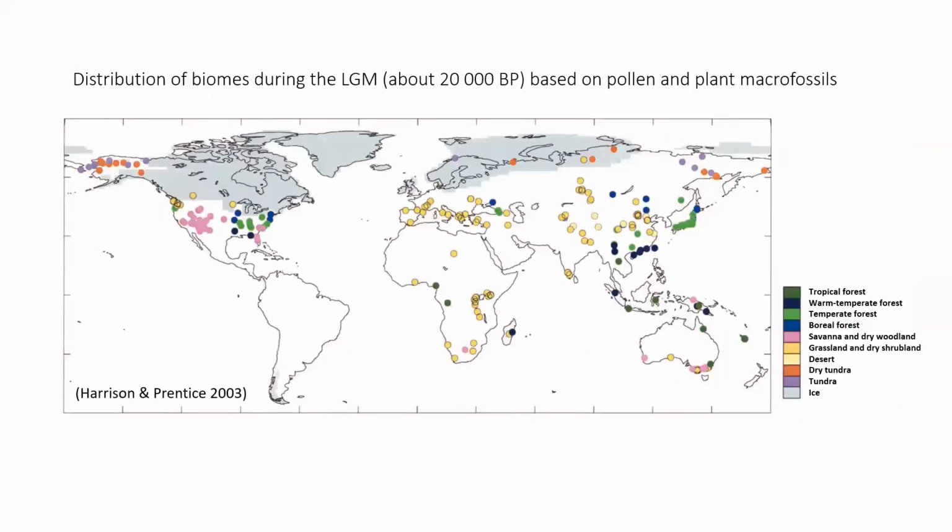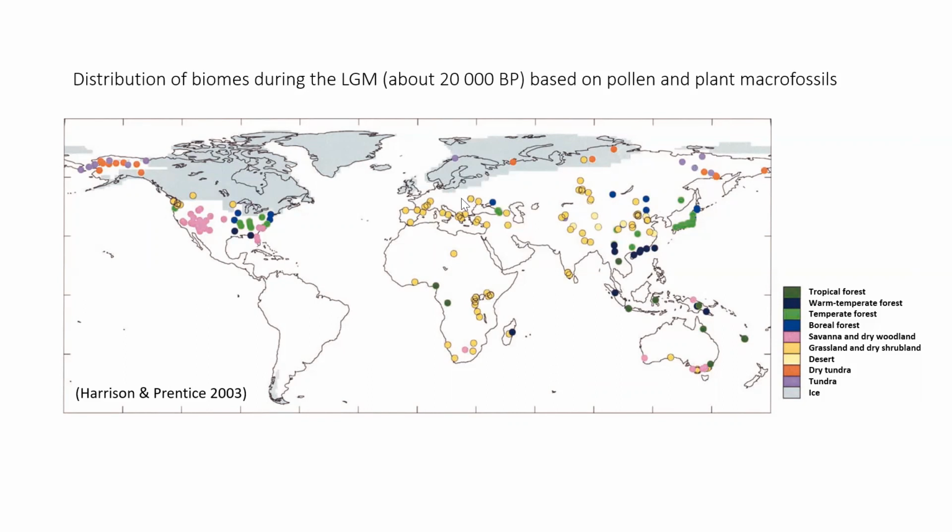Then this is just another example. This is also based on pollen records from different locations across the globe, and this is reconstructing the vegetation during the last glacial maximum. The gray area shows the ice sheets, and the different colors represent different biomes, interpreted from the pollen records.